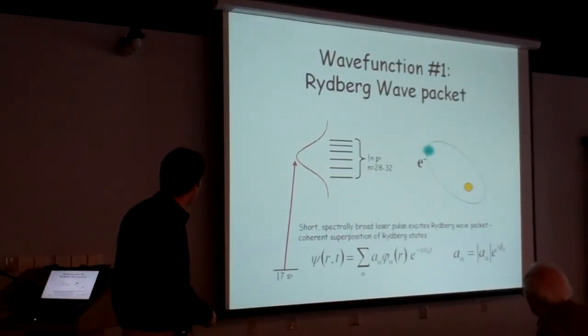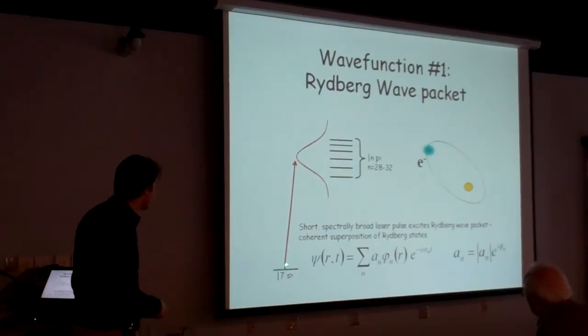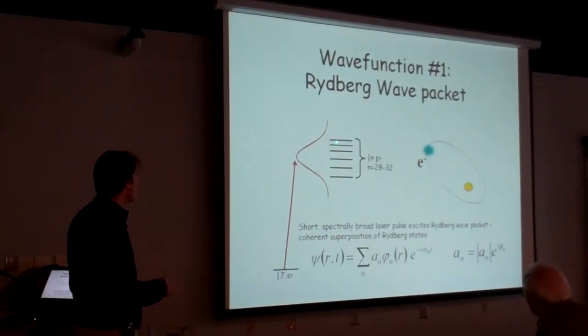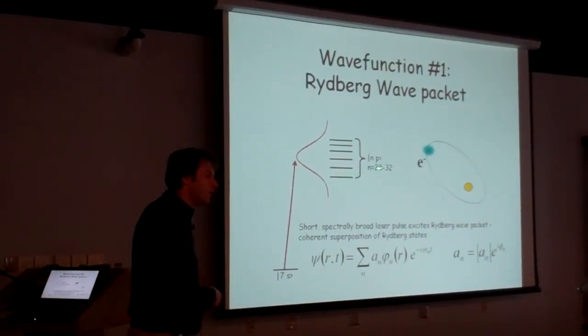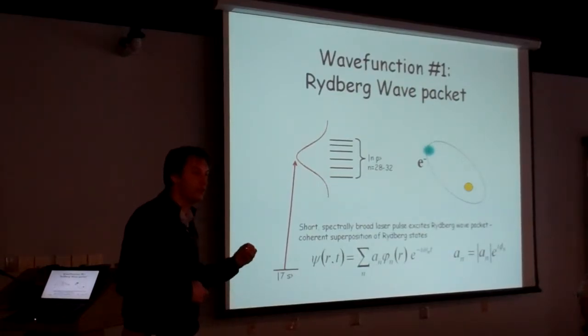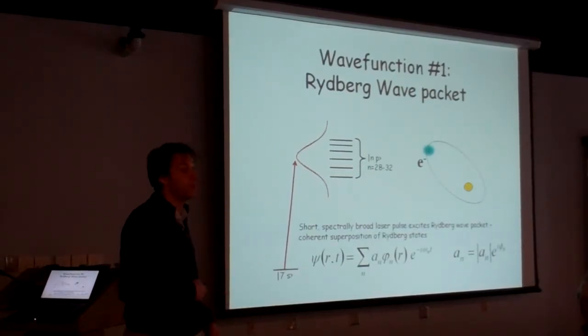So all I'm doing is exciting a small portion of this wave function up to a superposition of states up here. And the reason I call that a coherent superposition is because when I do that with a short laser pulse rather than a light bulb, there's a well-defined phase relationship between these states, which is defined by the phase relationship between the frequency components that make that short pulse.